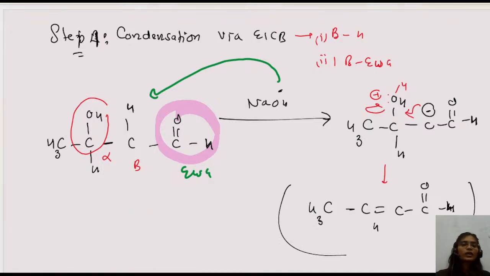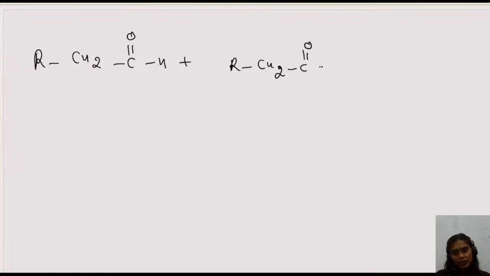Okay, so this is all for the reaction. Who is going to remember that mechanism? So let's discuss a normal trick. Let's suppose I have some R CH2 CO and hydrogen. You have to write the same molecule on the other side, that is again R, CH2, CO and hydrogen.